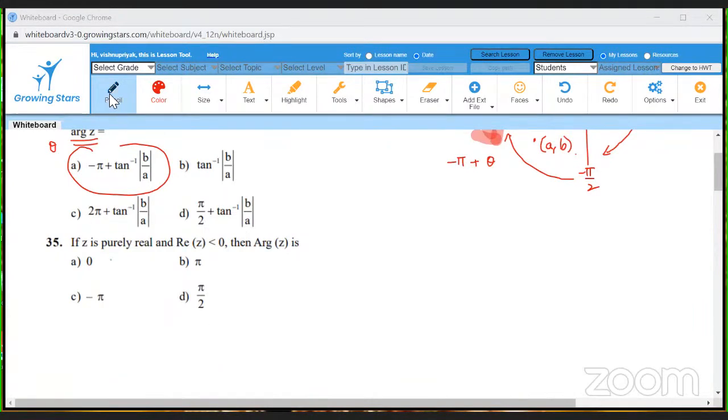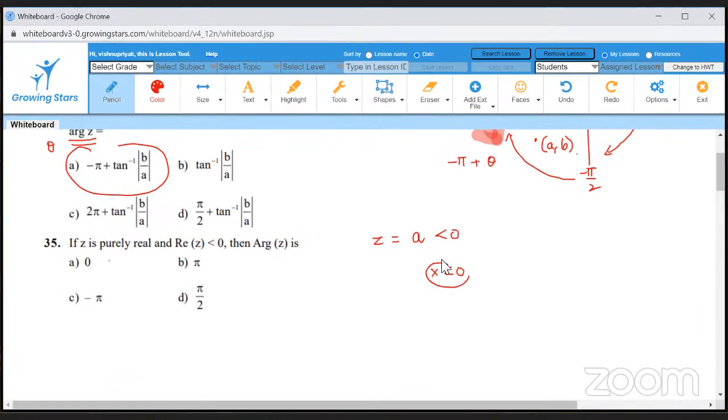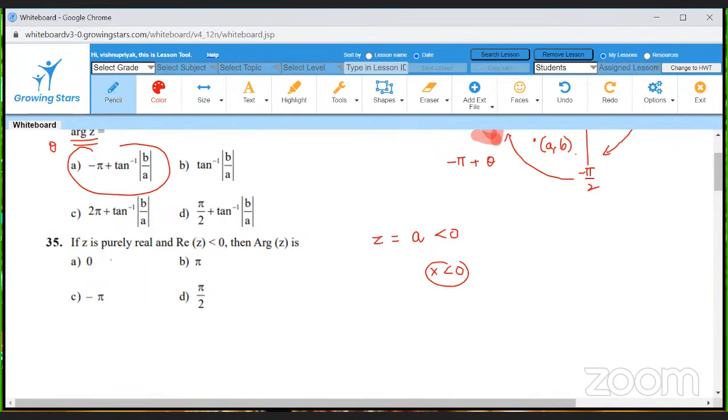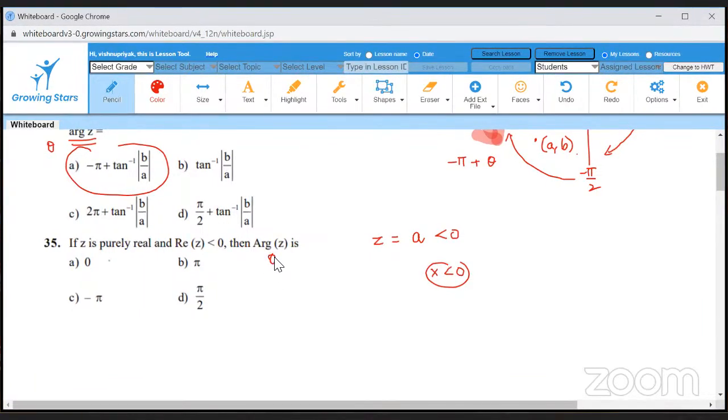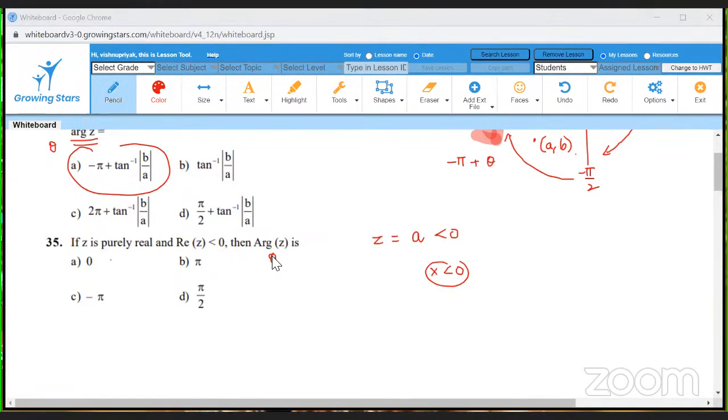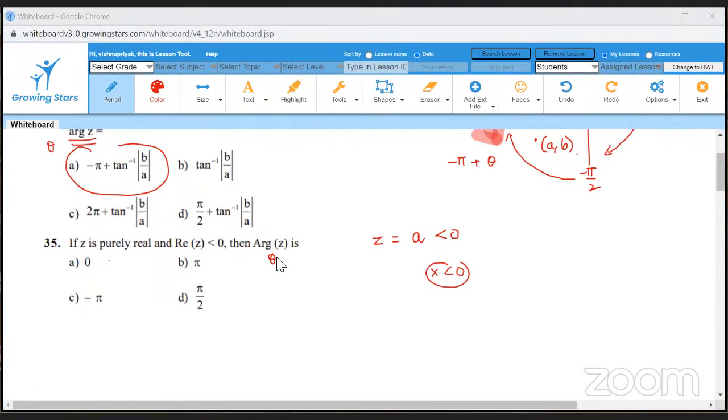If Z is purely real, Z is a complex number, it has only A, it doesn't have B, and the real part of Z is less than 0, that means x is negative, x coordinate is negative, then what will be the argument of Z? That is what they are asking.